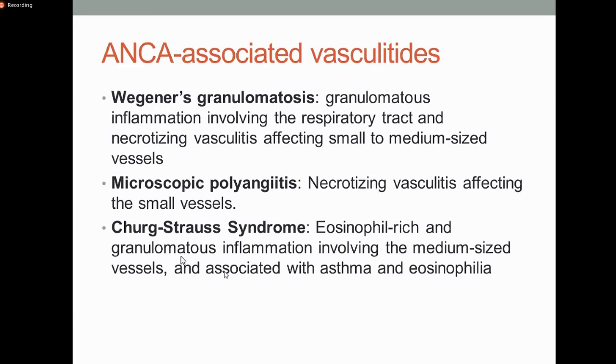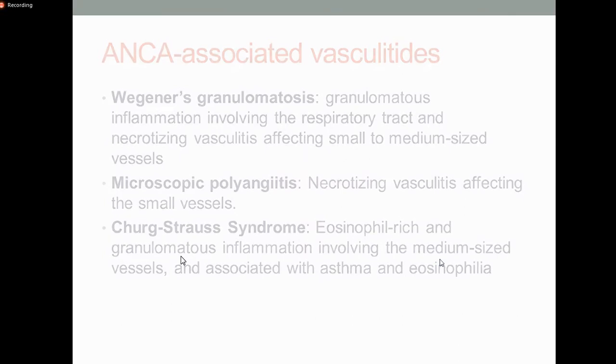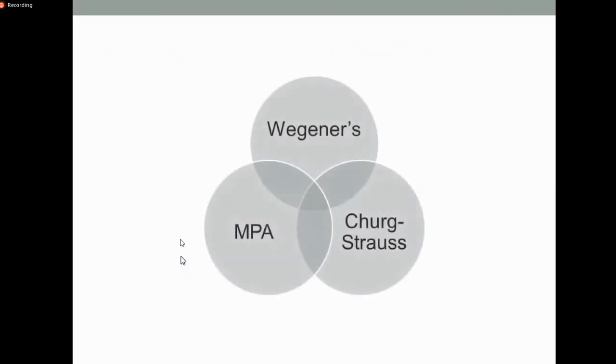All these three are types of vasculitis; in addition, in Wegener's there is involvement of other systems as well, and Churg-Strauss syndrome also involves other signs and symptoms, like asthma and peripheral eosinophilia. These are the three types.